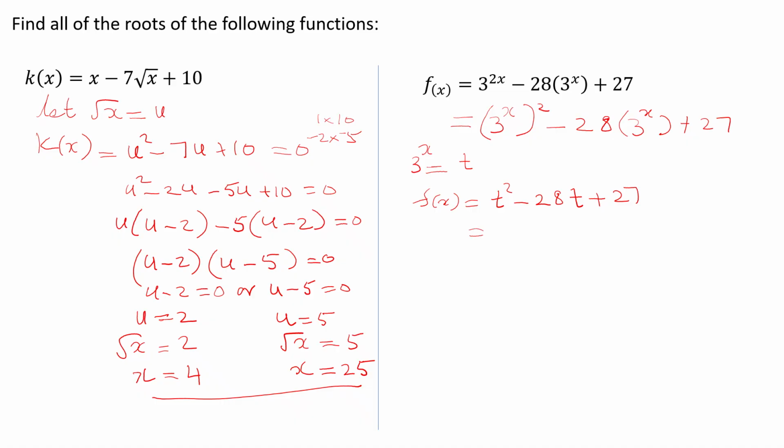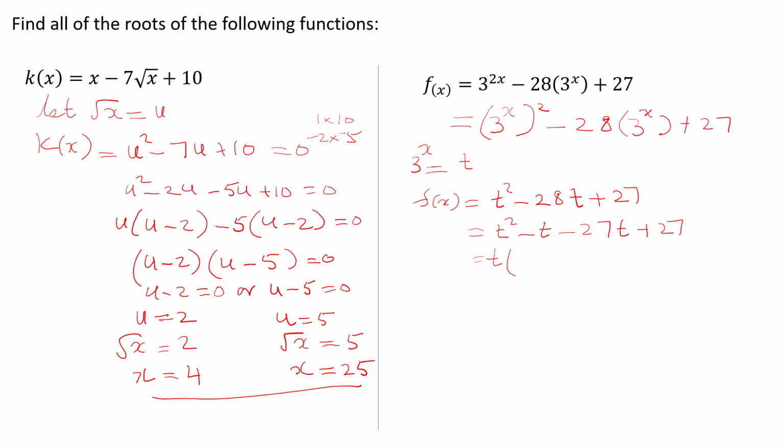So if you multiply two numbers, 27, if you add, 28, so t squared minus t minus 27t plus 27. If you add minus t minus 27 is minus 28. If you multiply minus 1 times minus 27, positive 27. So now factorize.